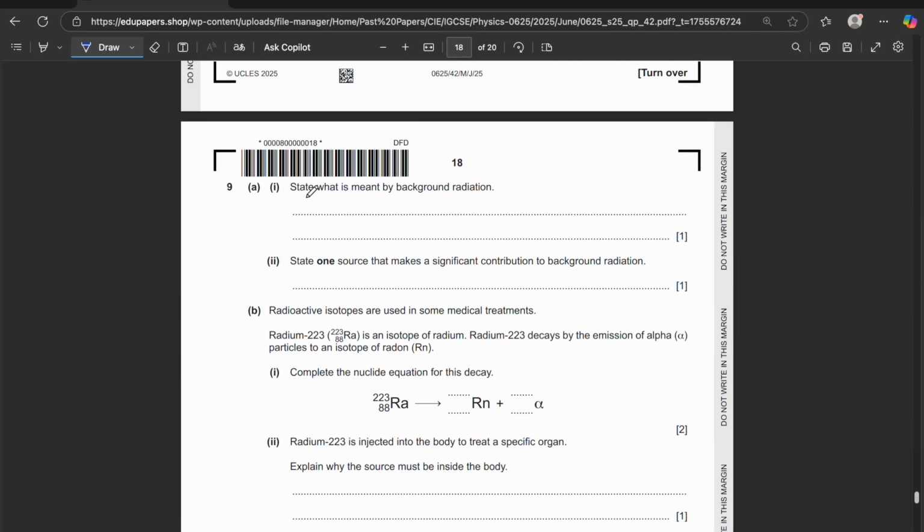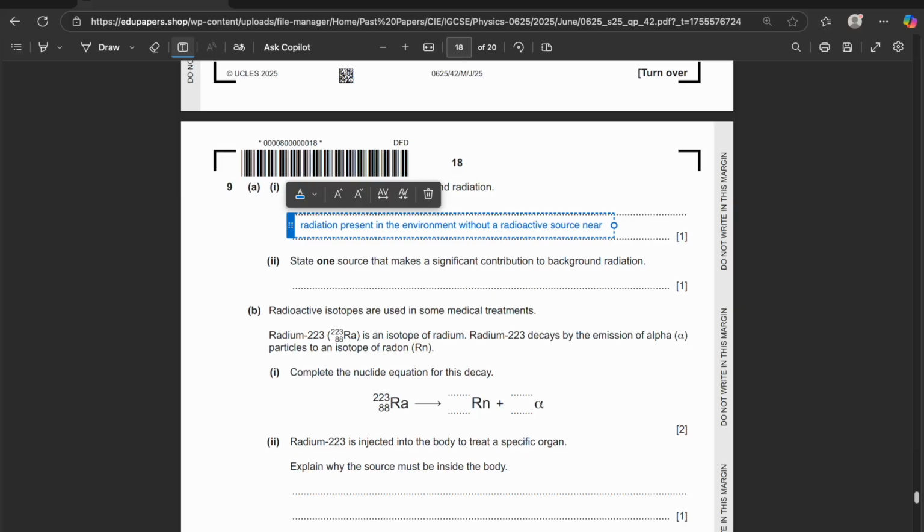Now A1. State what is meant by background radiation. So it is the source of radiation that is always present without a source near it. So you can say the radiation present in the environment without a radioactive source nearby.